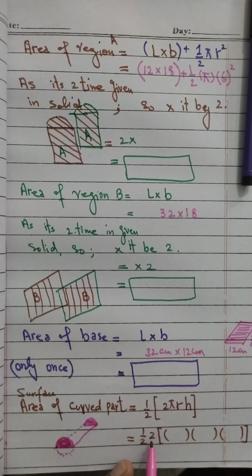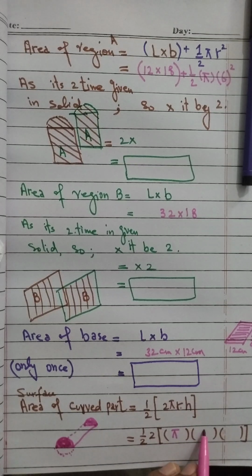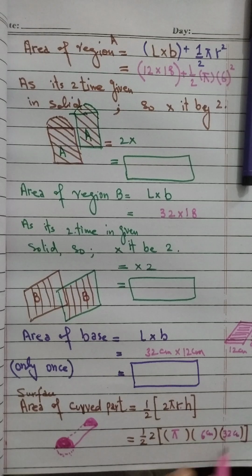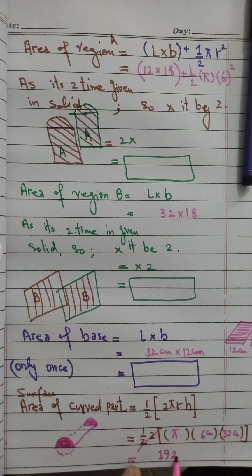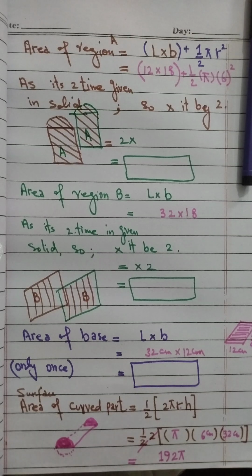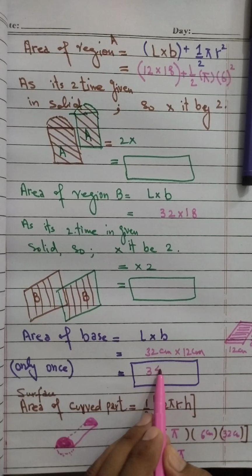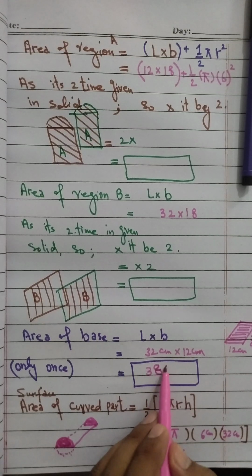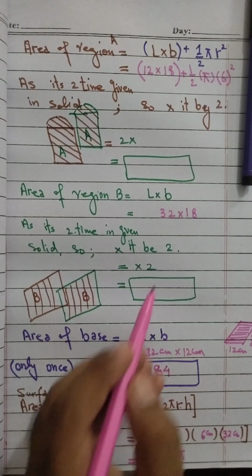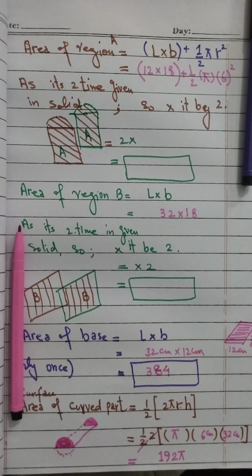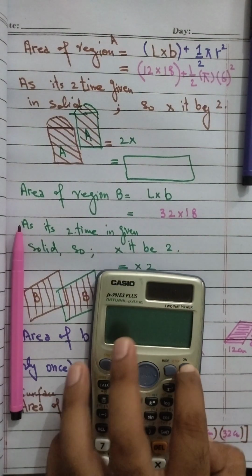So 2 comes outside, pi comes here, radius was 6, h was obviously 32. This will be cancelled by this. When we solve this portion, it becomes 192 pi, and the base becomes 384.